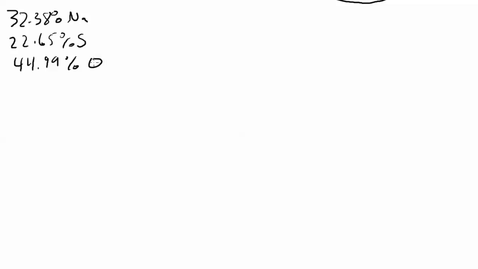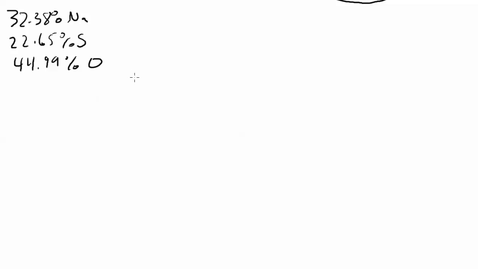Let's say we did an analysis on some compound, and it spit back that it's got 32.38% sodium, and it's got 22.65% sulfur, and the final one is 44.99% oxygen. And we want to know what the empirical formula of this compound is.